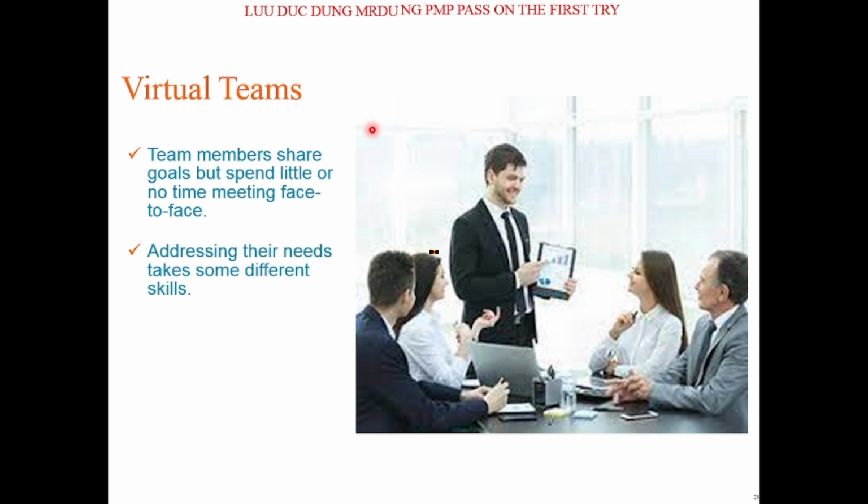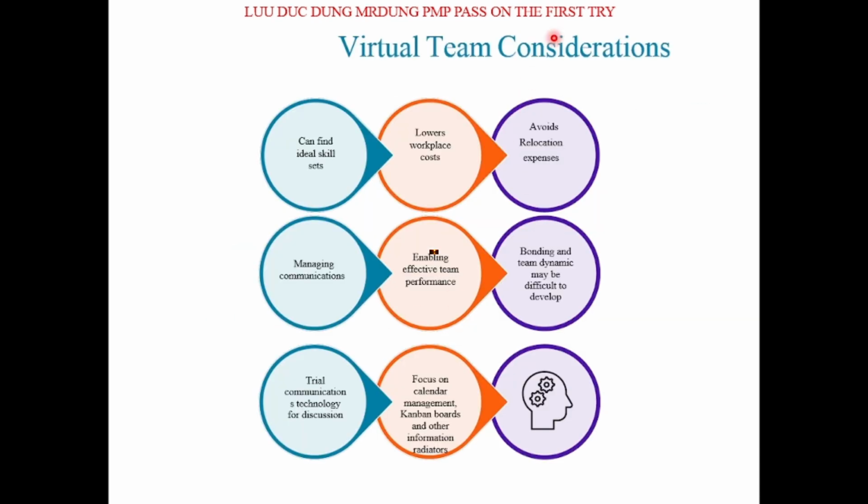For example, we use Microsoft Teams, Skype, WhatsApp, Zoom meeting, Google Meet, GoToMeeting, many tools we can use. RACI, they need different skills. Virtual team considerations. Many things here, we just take a look.